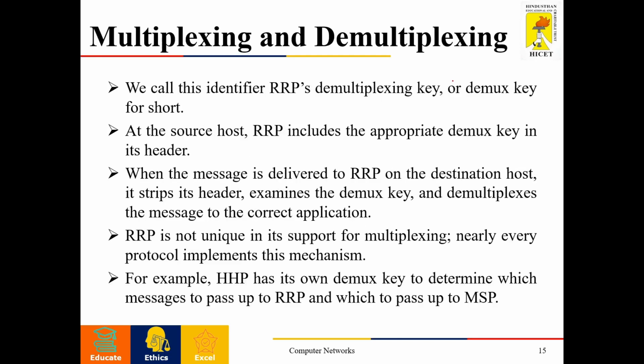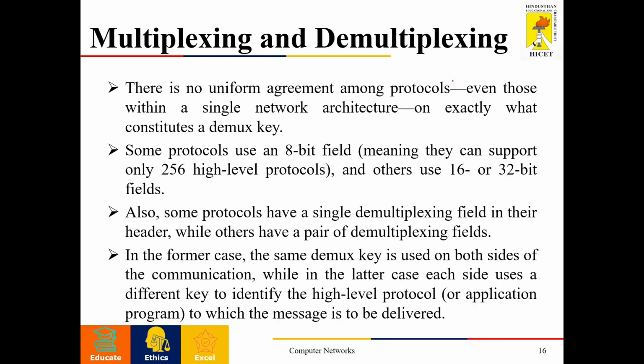There is no uniform agreement among protocols, even those within a single network architecture, on the DMUX key. Some protocols use an 8-bit field, some use 32-bit fields or even 64-bit keys, and high-level protocols may use 256 keys. Some protocols have a single demultiplexing field in their header, while others have a pair of demultiplexing fields. In the former case, the same DMUX key is used on both sides of communication.